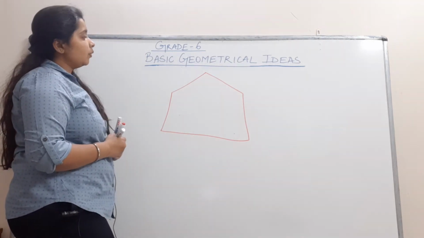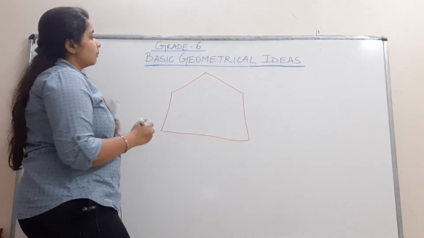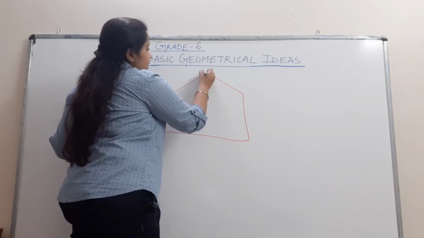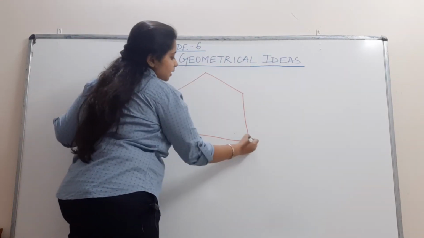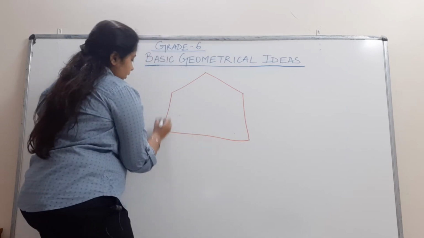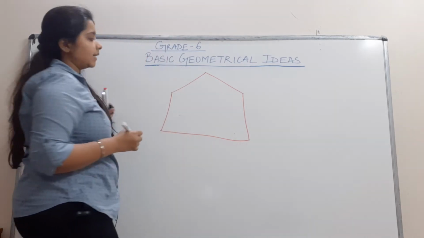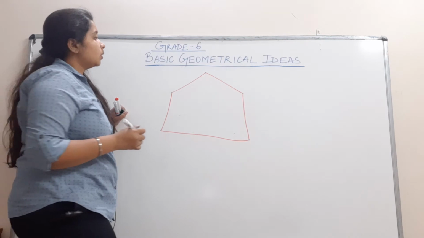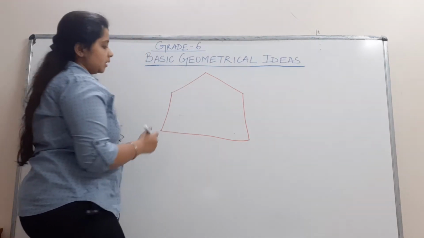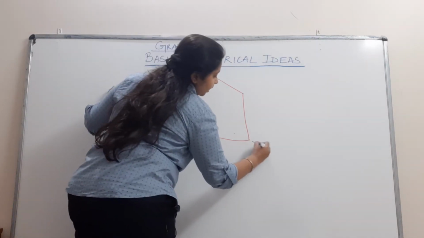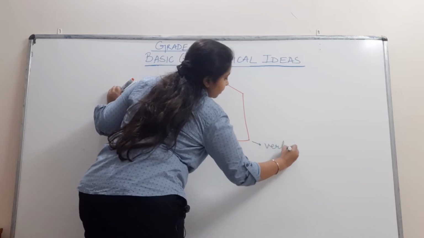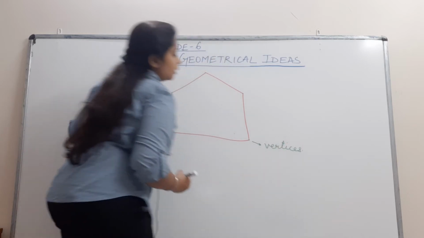Now, how do we name them? See, there are some points where the line segments are meeting. So, the meeting points of these line segments are known as vertices. Okay, vertices.